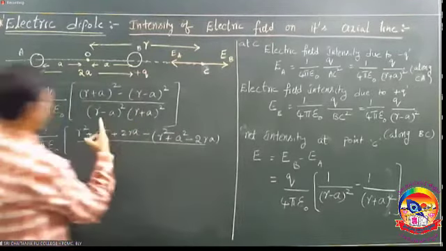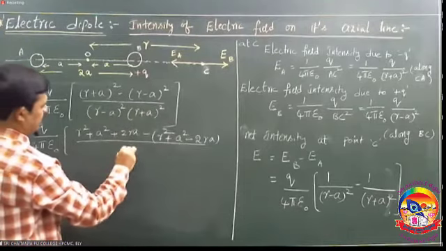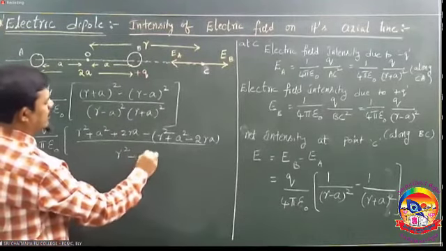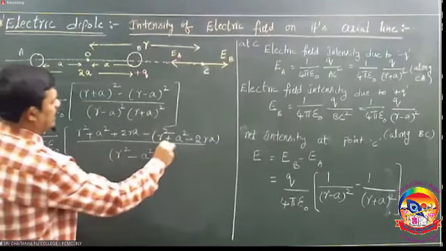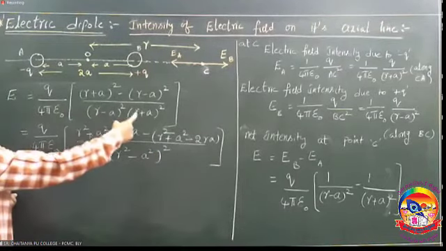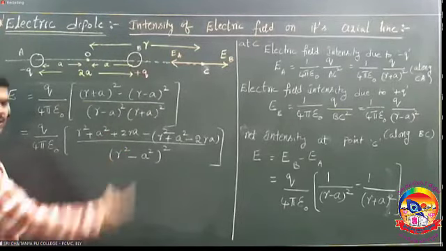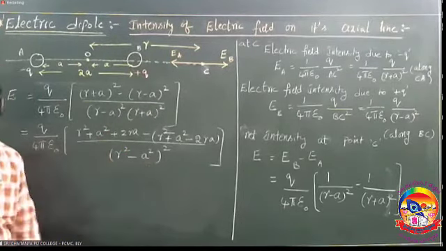The denominator is a minus b whole square into a plus b whole square. There is a formula: a square minus b square whole square.